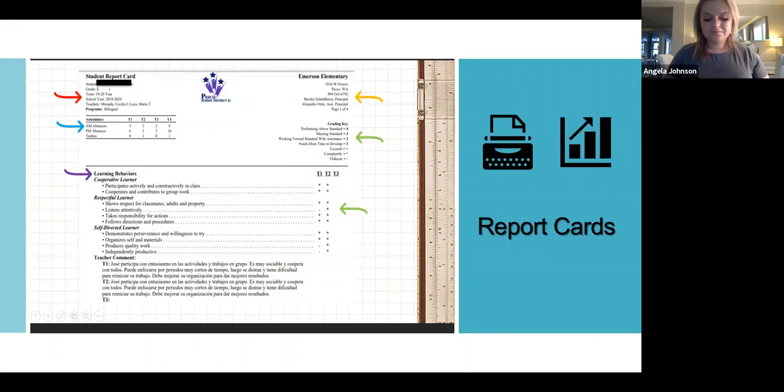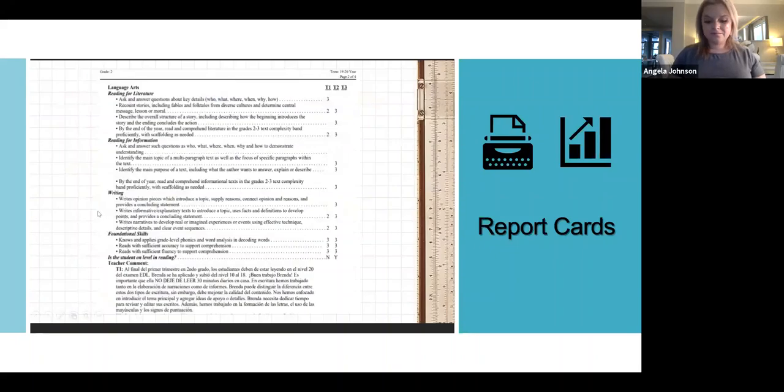The parents can see the key to understand the performance of their kiddos. In this part here, we have space for teacher comments, and I always write down the comments in Spanish because my students' parents are monolingual.